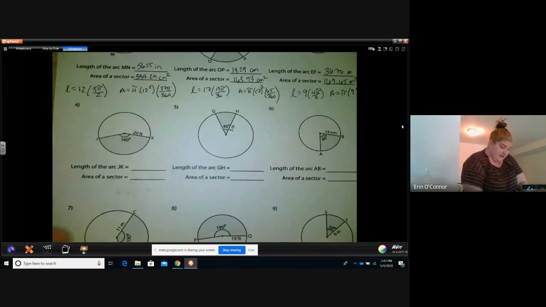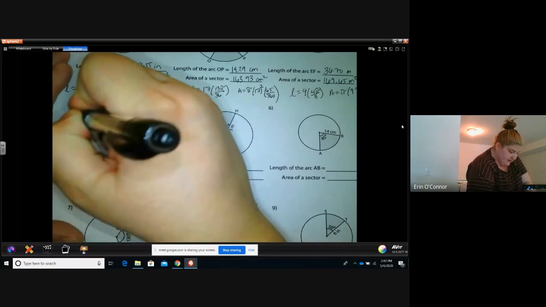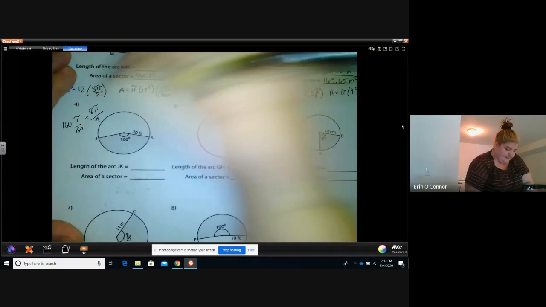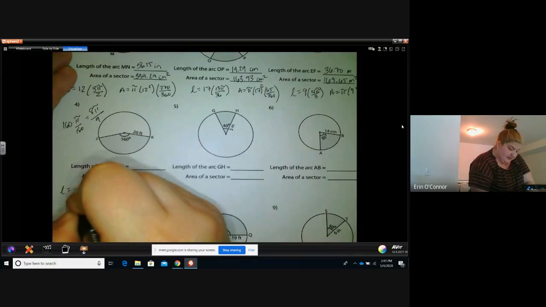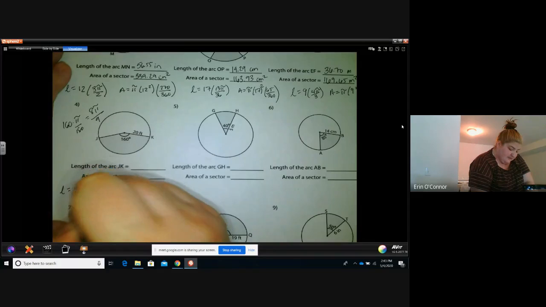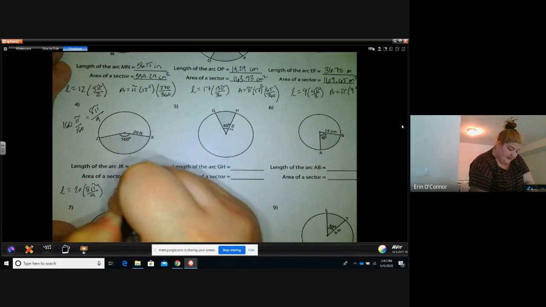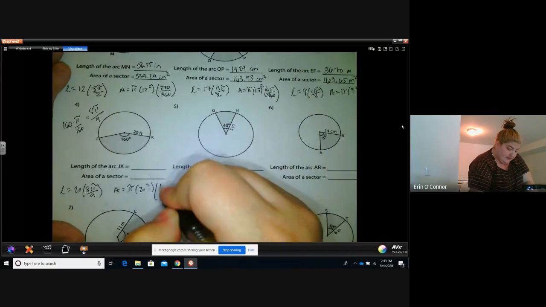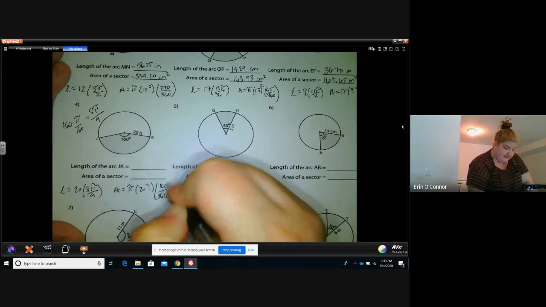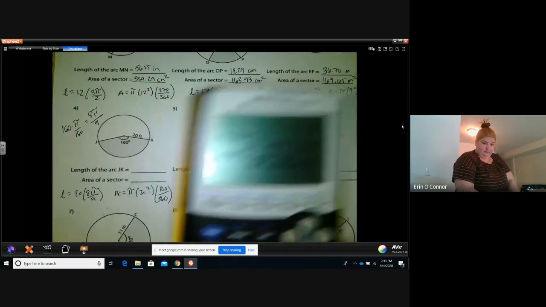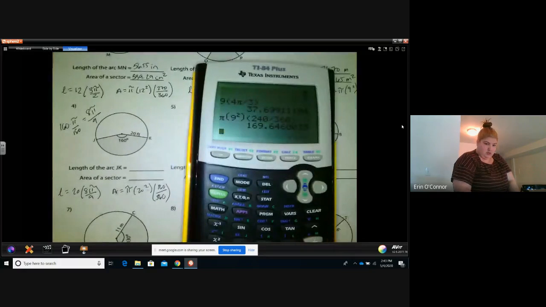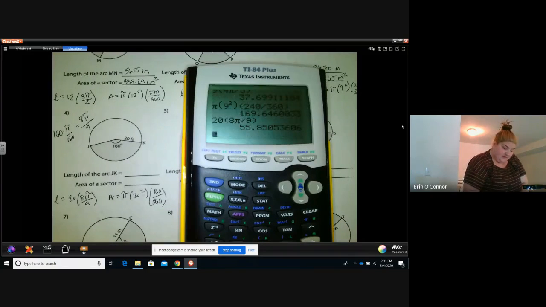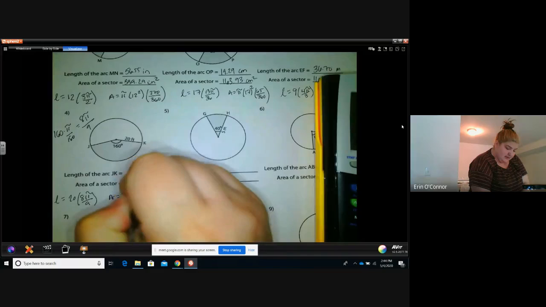All right, so looking at the next one, we have 160 times pi over 180. This comes out to 8/9. So 8 pi over 9. The length is equal to 20 times 8 pi over 9. And my area is equal to pi 20 squared times 160 divided by 360. Let's plug that in. So 20 times 8 pi divided by 9 is 55.85 feet.